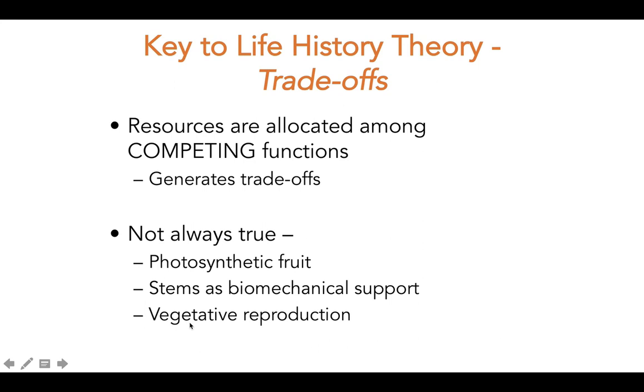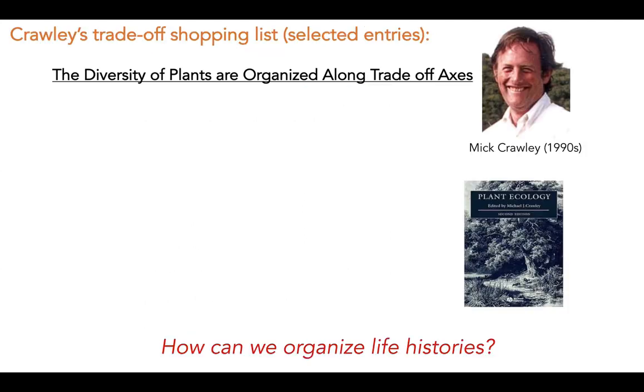But also in terms of reproduction, sometimes reproduction is vegetative, so that we don't have to allocate to flowers or even to pollinators or even to seed dispersers. Sometimes if we do asexual reproduction, we can kind of get away with the cost of reproduction. So there are some exceptions.